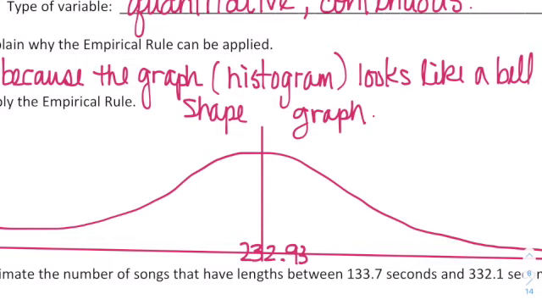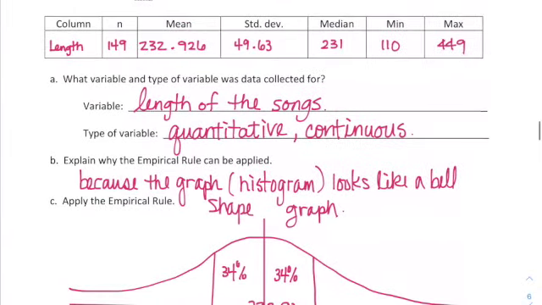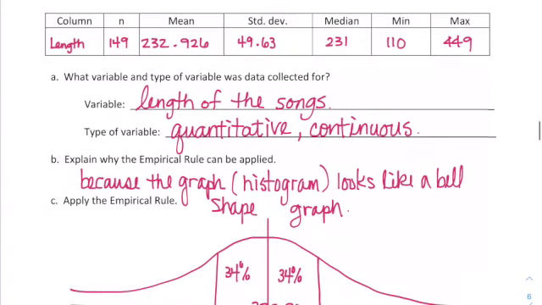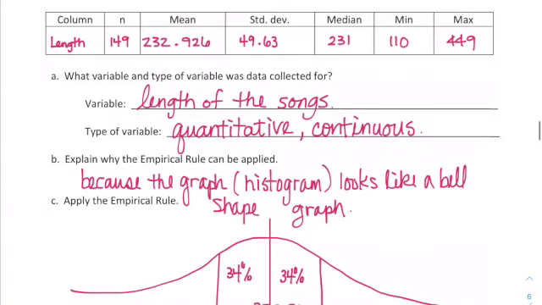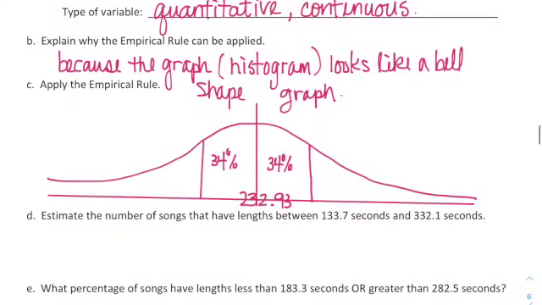Okay, now first standard deviation is going to be right here and right here. Label 34%, and this is 34%. For the first standard deviation, they told you to add 49.63 to 232.926, and that will be your first set of deviation.